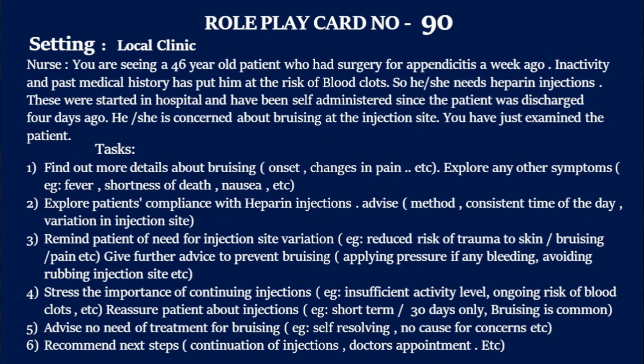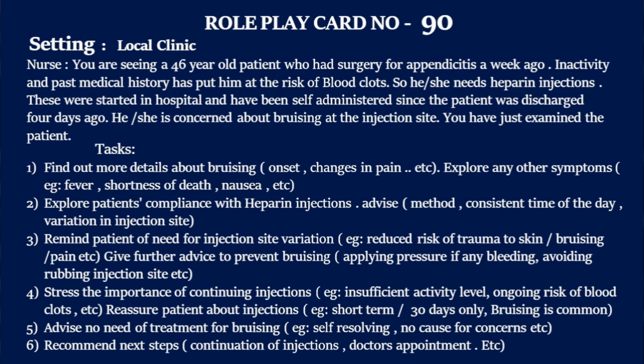Third one says, remind patient of need for injection site variation, to reduce risk of trauma to skin, bruising, pain, etc. Give further advice to prevent bruising: applying pressure if any bleeding, avoiding rubbing the injection site, etc. Fourth one says, stress the importance of continuing injections: insufficient activity level, ongoing risk of blood clots.